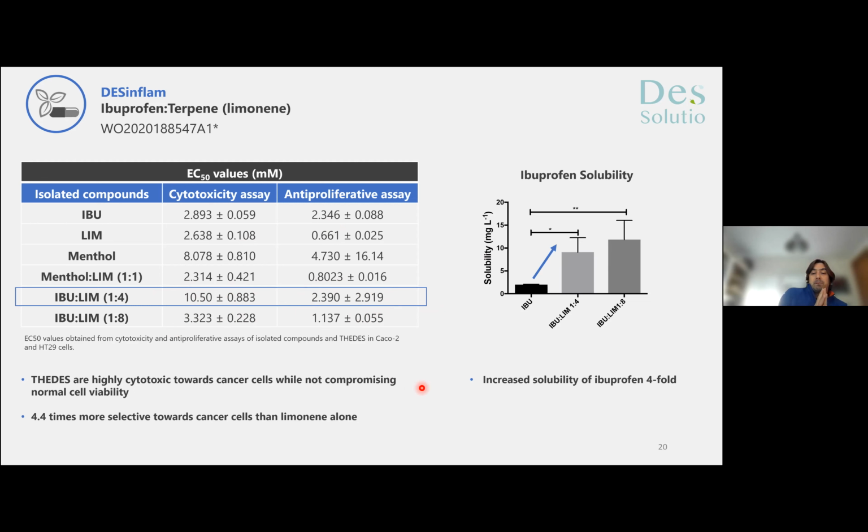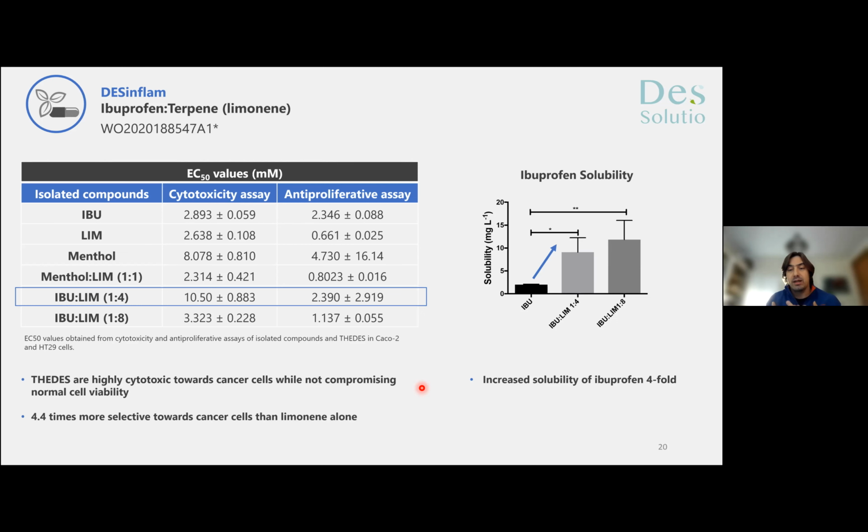But this is not the only big advantage that we have here. We have a higher advantage, which is the solubility of these drugs. The solubility of ibuprofen in water, for example, is very low, but if we have it in a deep eutectic system and dissolve the deep eutectic system in water, in a PBS solution, of course, or an aqueous solution, we realize that the solubility of ibuprofen can be 4 times higher than pure crystalline ibuprofen.